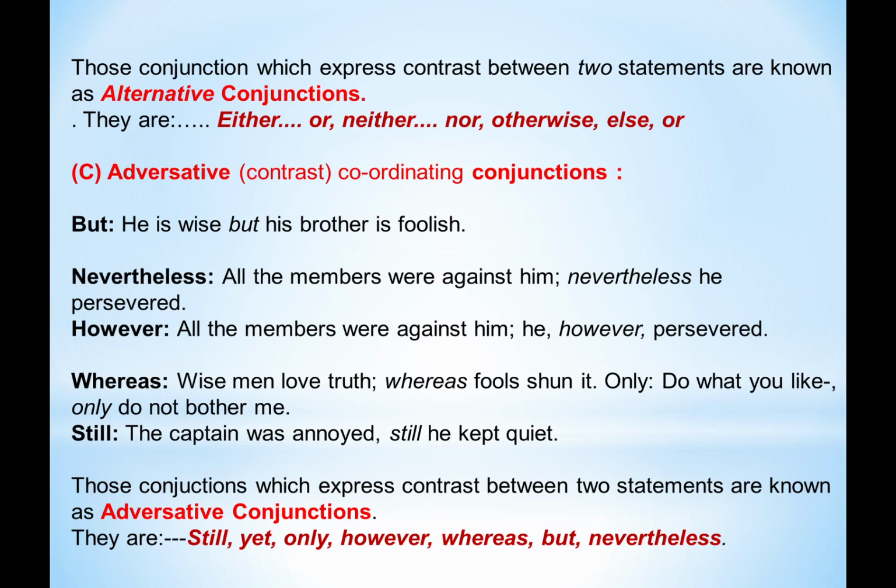Still: The captain was annoyed, still he kept quiet. Those conjunctions which express contrast between the two statements are known as adversative conjunctions, and they are still, yet, only, however, whereas, but, nevertheless.